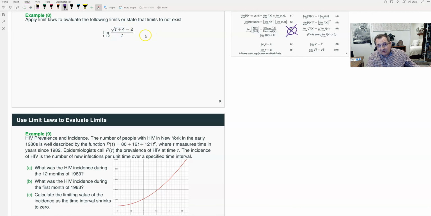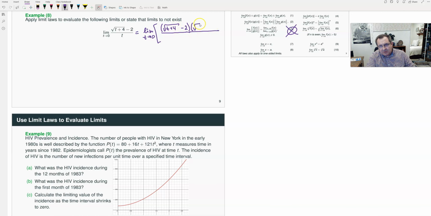And a way to treat a radical in the expression is to multiply and divide by a conjugate. So let me try that. I will keep limit as t goes to 0 here. But in the fraction, I will do the following. I will start with just the numerator. That's the term.